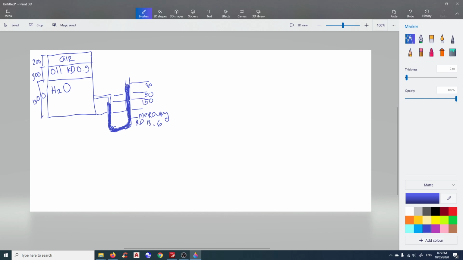So the water coming from the tank, the clear bit here up to there, is pushing the mercury down and subsequently pushing it up by 80 mil. So 50 here is at the center point of the X entry of the manometer. 150 here is the distance from this mercury line to the bottom of the tank.